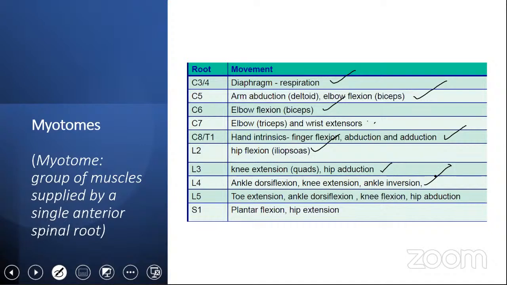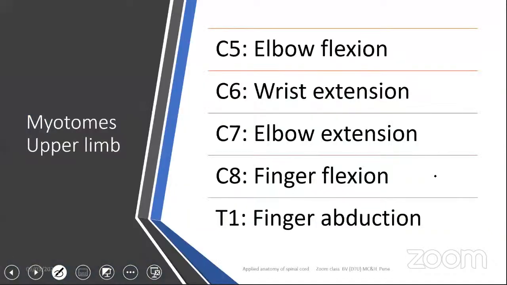Please remember all the dermatomes and all the myotomes. So to remember, C5 elbow flexion, C6 wrist extension, C7 elbow extension, C8 finger flexion, T1 finger abduction, that is palmar interossei and dorsal interossei.